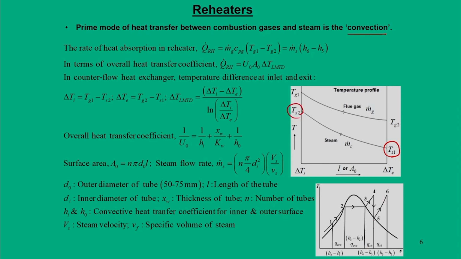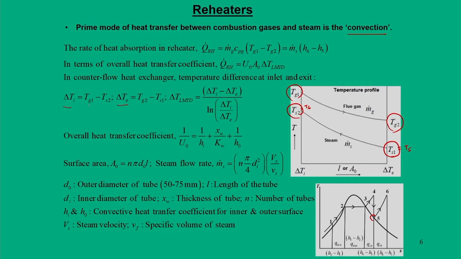Initially this is equal to T5, and Ts2 will be T6. The heat addition is given by the flue gas, whose temperature drops from Tg1 to Tg2, and it is a counter flow heat exchanger. The temperature profile for this counter flow heat exchanger is given by this figure. What we have seen so far are two temperature differences: one is delta Ti, the other is delta Te.